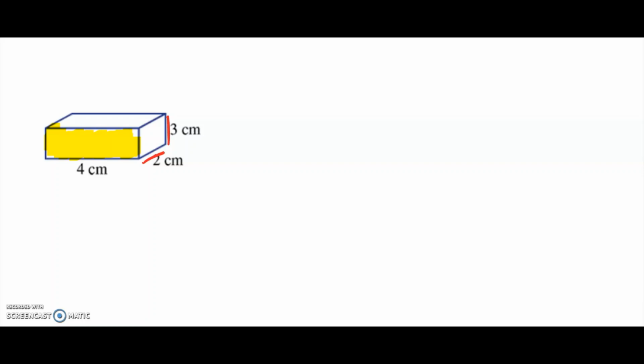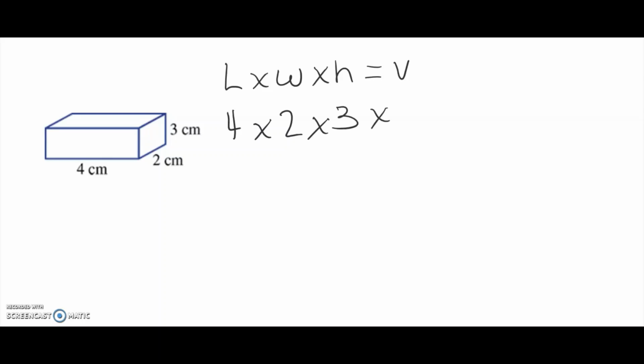So just applying our formula, length times width times height is equal to our volume. We have 4 centimeters times 2 centimeters times 3 centimeters. So length is 4 centimeters, width is 2 centimeters, and height is 3 centimeters. And then we are going to multiply those all together.